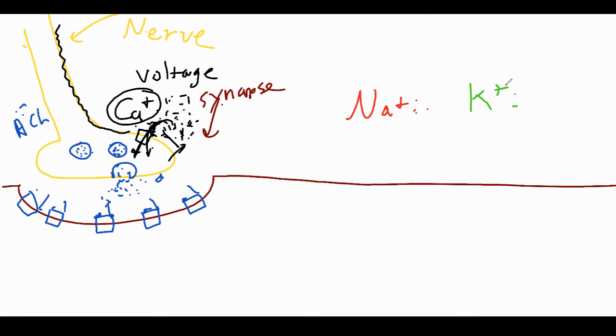I mentioned this when we talked about cell transport earlier in the year, it's a very important one. And those pumps are putting a whole lot of potassium inside the muscle cell and a whole lot of sodium outside the muscle cell, all along through this motor end plate area. And I'll just draw a bunch in here.